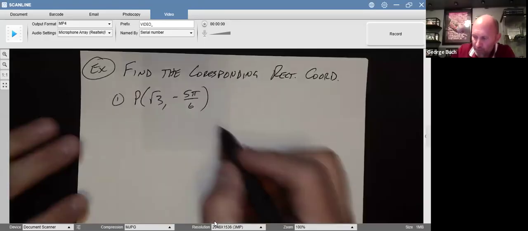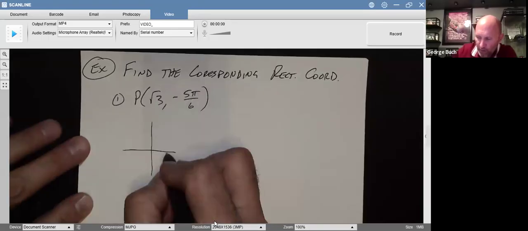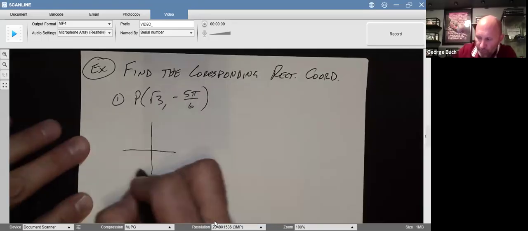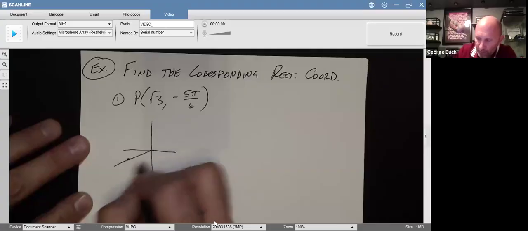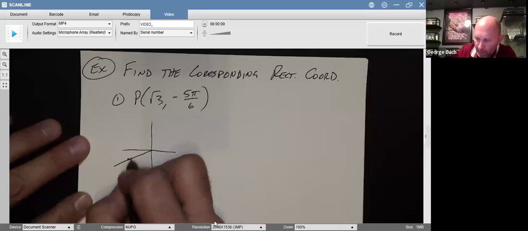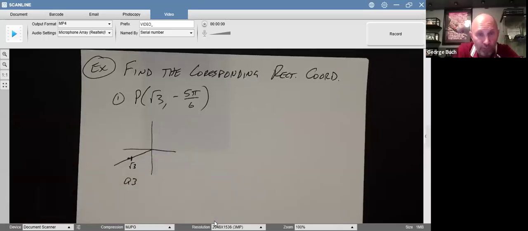So if I was to plot this point, negative 5 pi over 6, so I'm moving clockwise, takes me to here. And then square root of 3 means I'm out a distance here of square root of 3, meaning I'm in quadrant 3. So in quadrant 3, my x value and my y value are both negative. So when I'm done with this problem, I better end up with a negative answer for my coordinates.